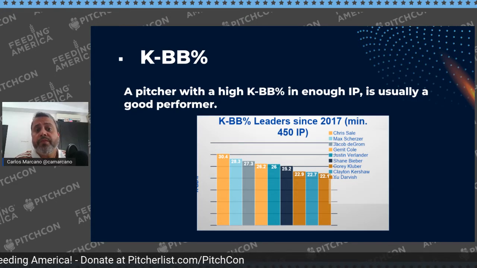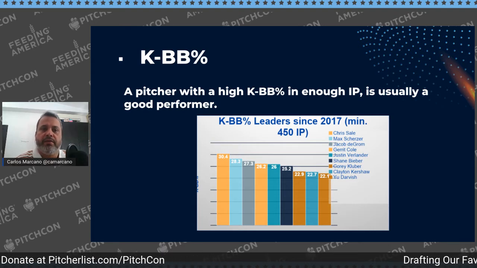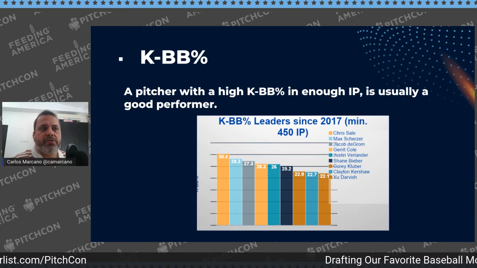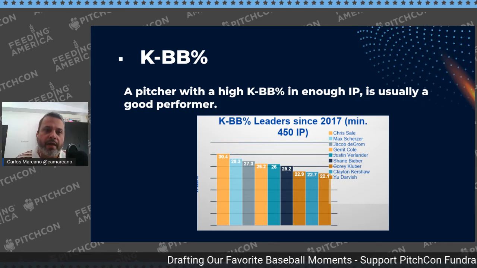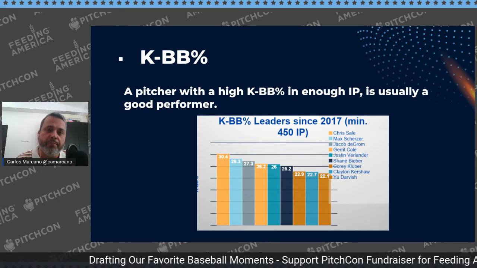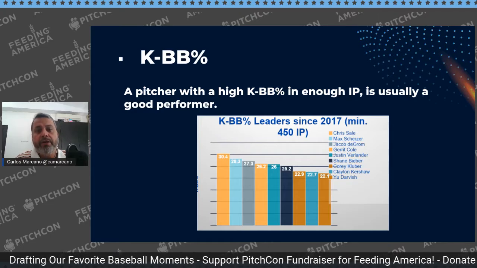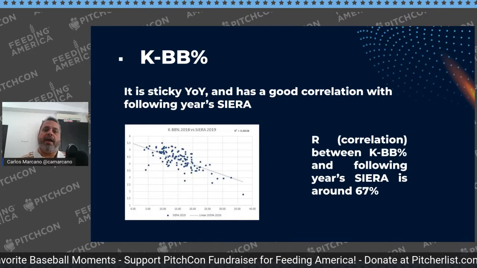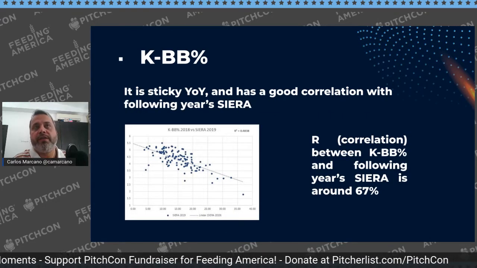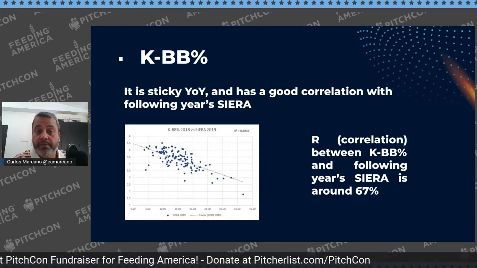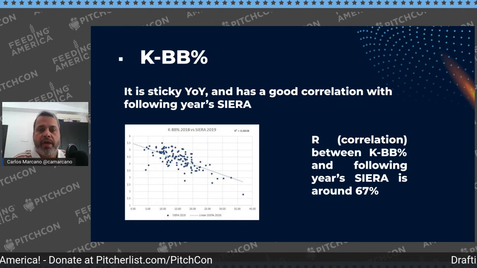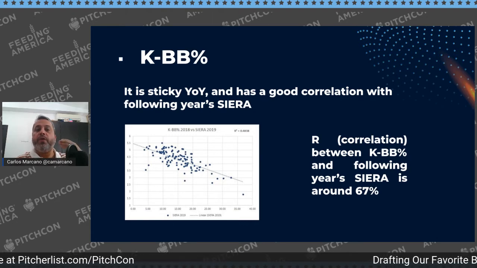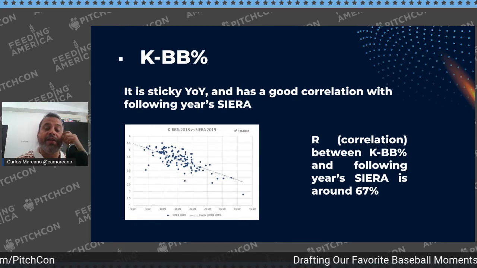So we know that this stat is great to describe performance and how good a pitcher is, right? But it's also very sticky year on year, and it also has a good correlation with the following year's SIERA.